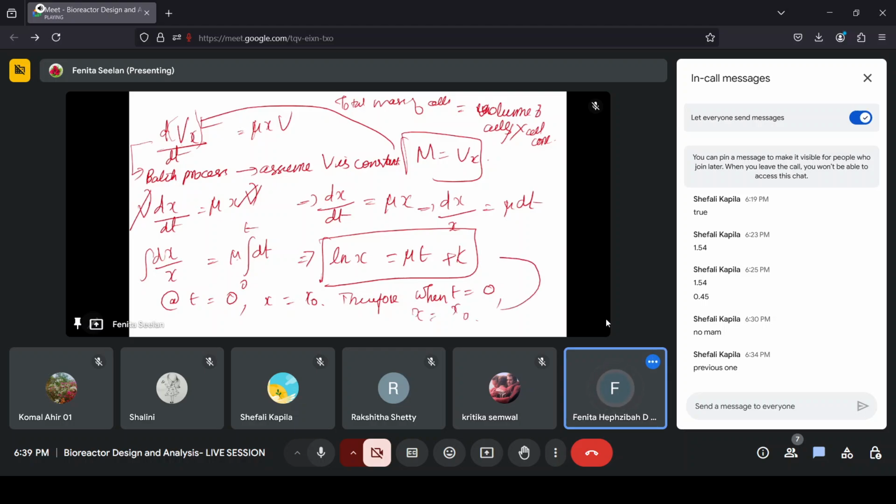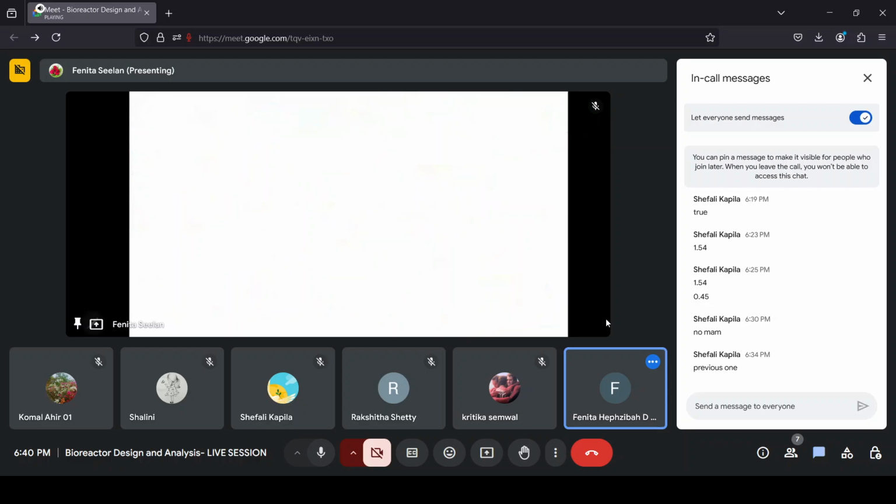If you apply this here, then what will happen? ln of x naught equal to mu into 0 plus k. If that is the case, then ln of x naught equal to k. Now you know the value of k. Substitute it in ln x is equal to mu t plus k.